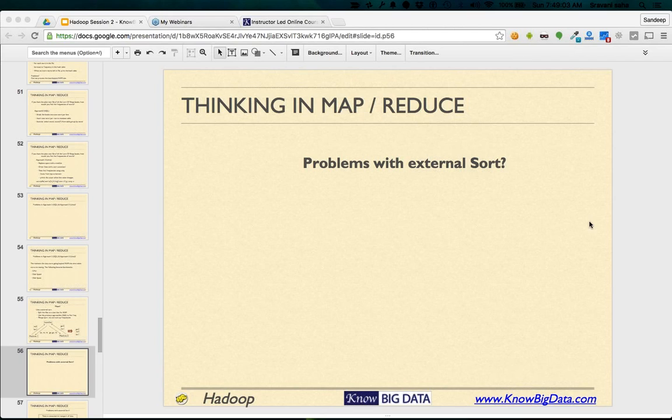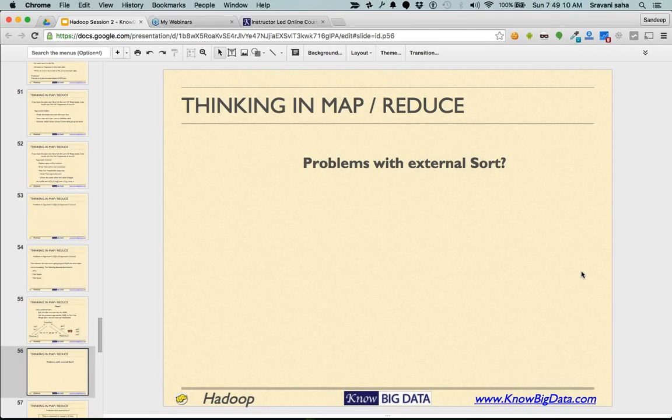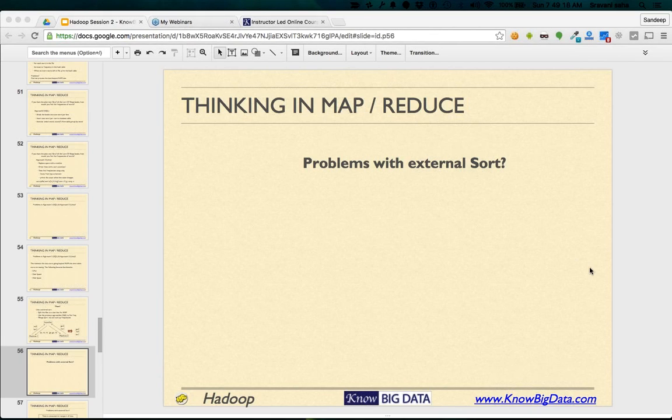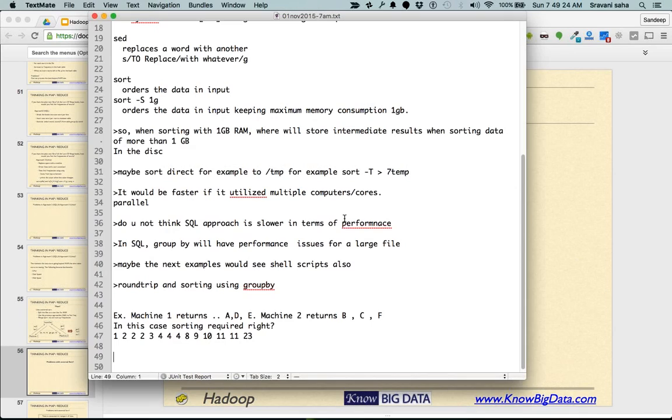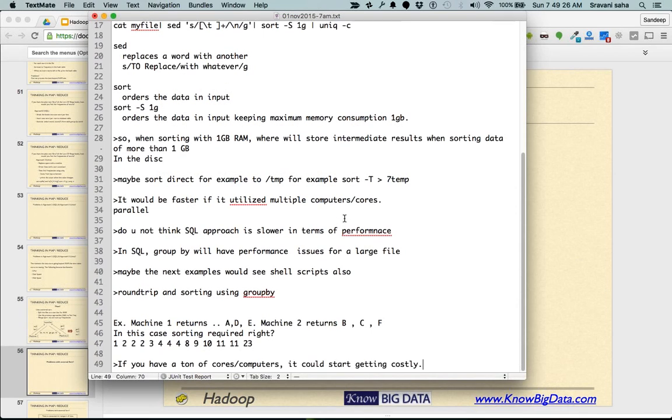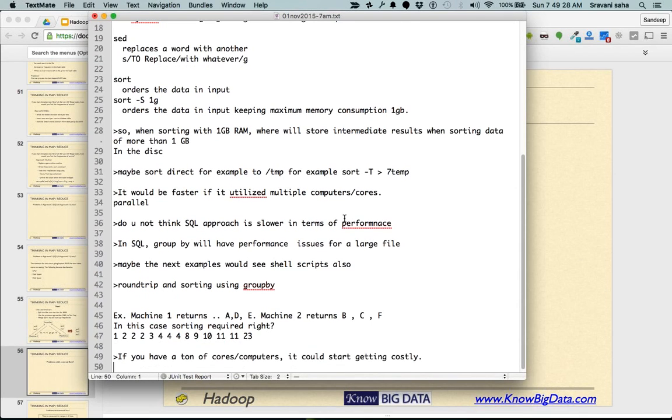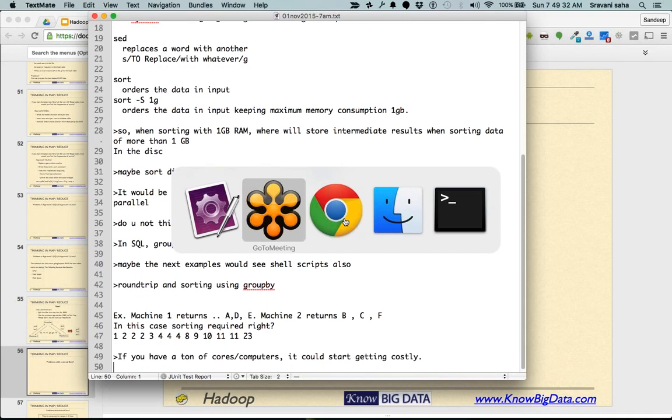Do you see any problems with external sort? Peter is saying if you have tons of cores and computers, it will start getting costly. That's okay.